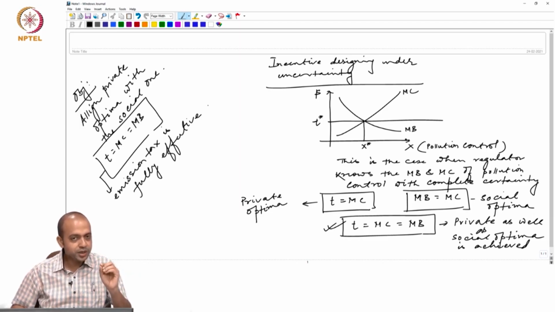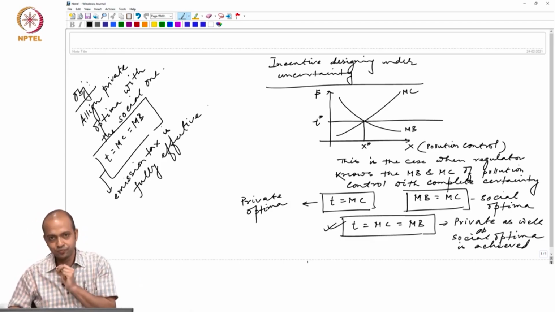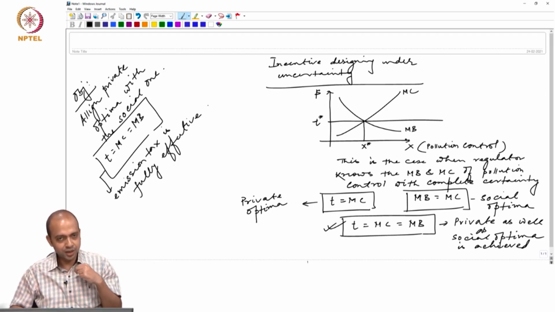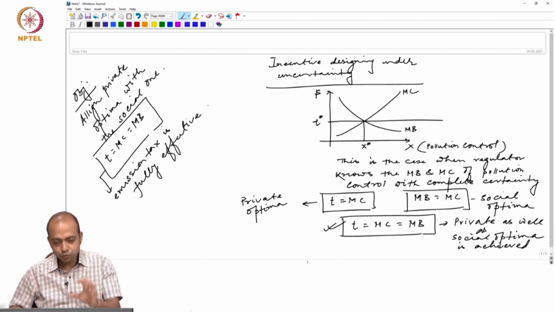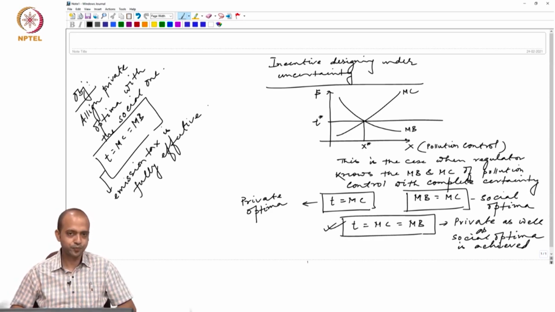When the instrument is able to fulfill its objective, then we say the instrument is effective. For example, when I take a medicine to cure a disease, and the disease is cured, I will say that the medicine is effective. Similarly, emission tax is effective when it is able to align private optima with the social one, and that is possible when there is no uncertainty about the marginal benefit and marginal cost.